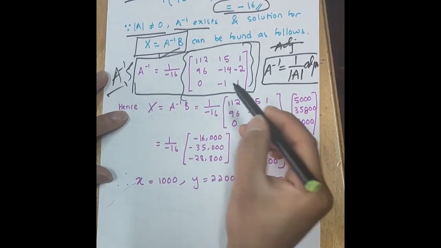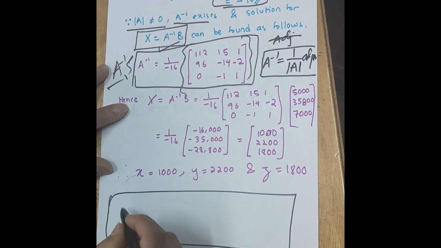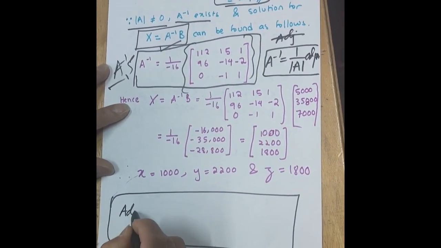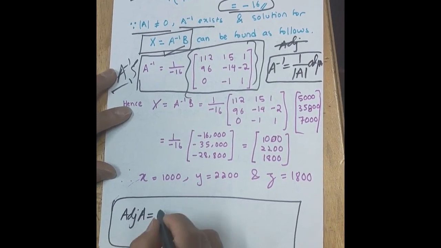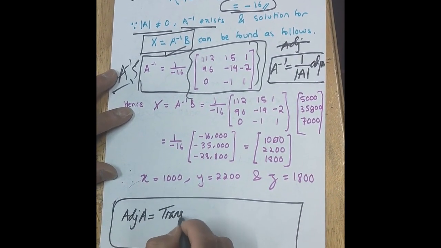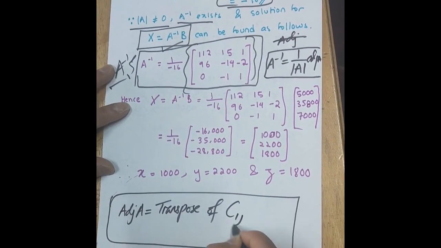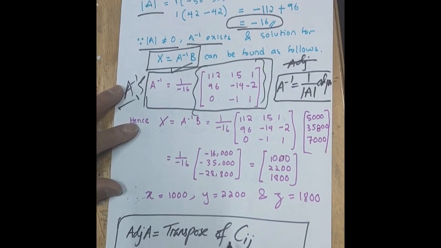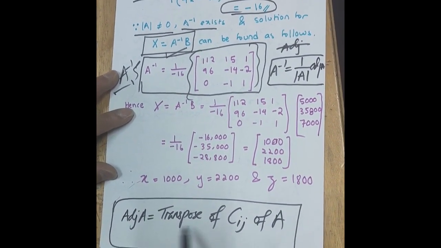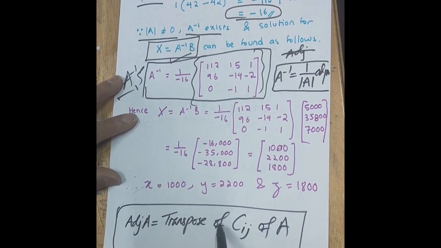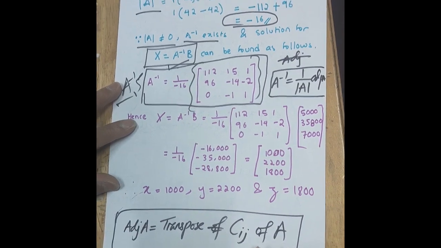So how do you find the adjoint of the matrix A? As you have already gone through, the adjoint of the matrix A is the transpose of the cofactor matrix, Cij.